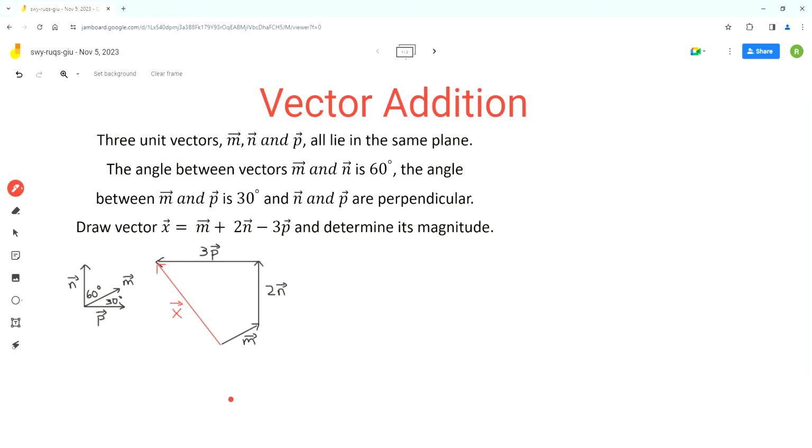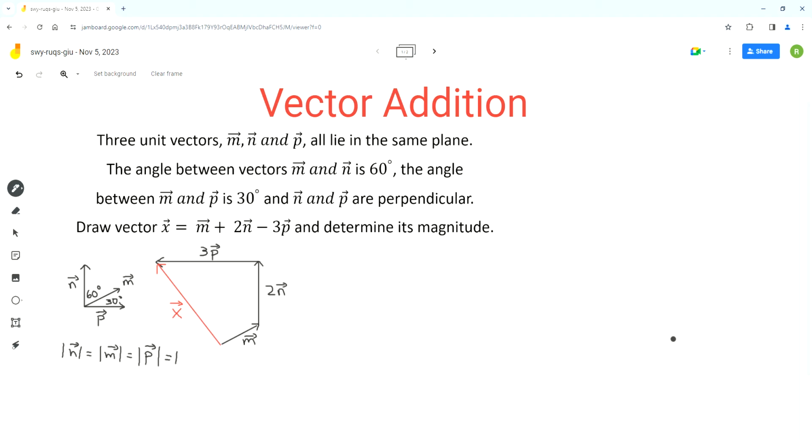And we have to find the magnitude of this vector. We are given that these three vectors m, n and p are unit vectors. That means the magnitude of n is equal to the magnitude of vector m is equal to the magnitude of vector p, which is equal to 1.